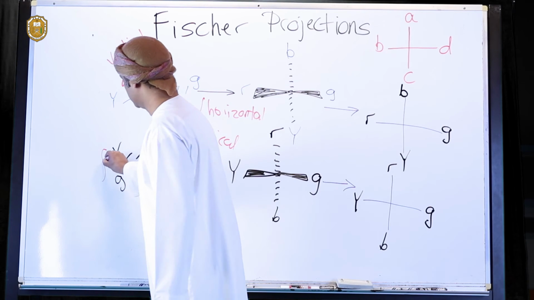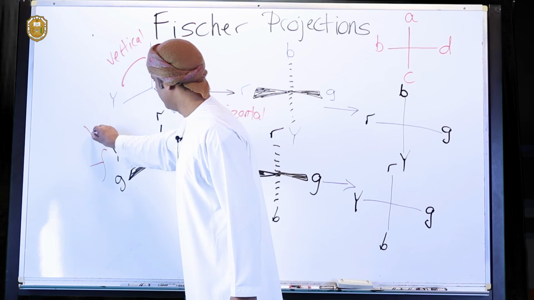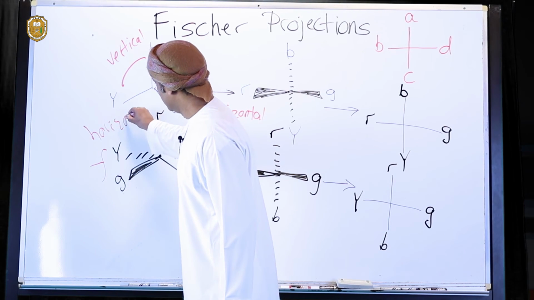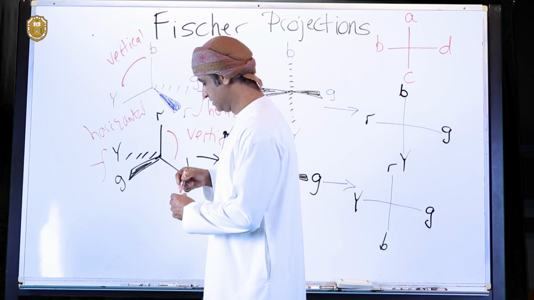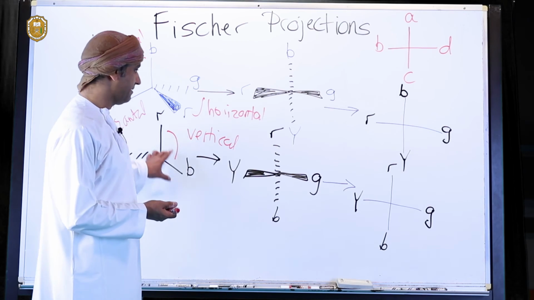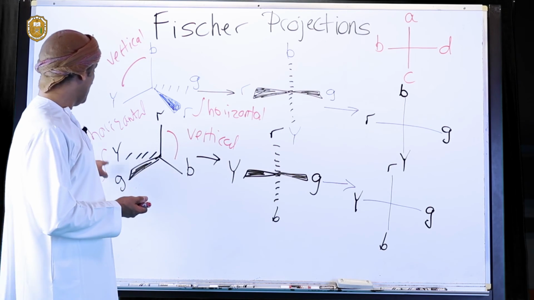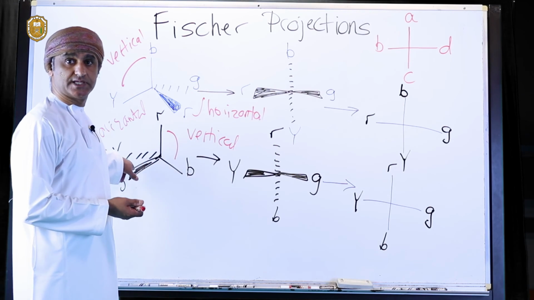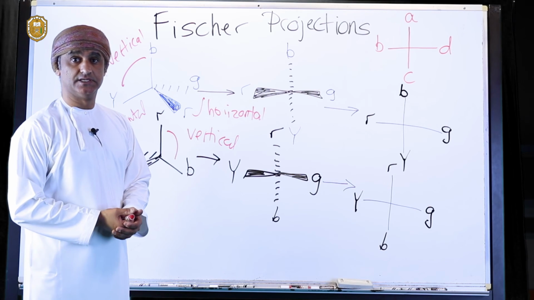The two bonds which were outside the plane become horizontal. So R and B on the plane are vertically drawn. Y and G, outside the plane, are horizontally drawn.